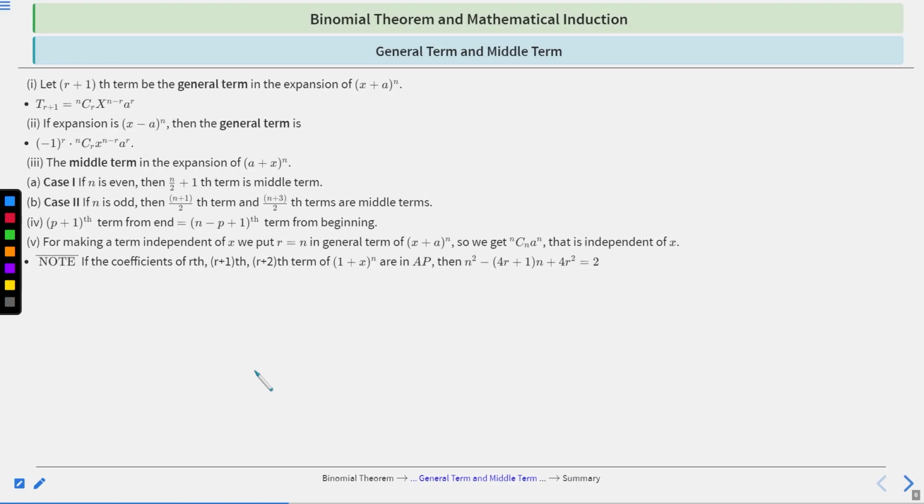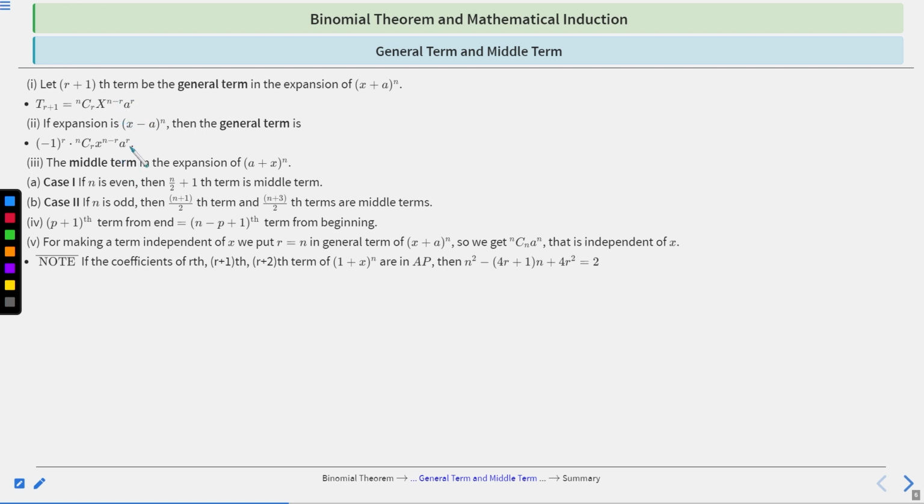Now, general term and middle term. Let the (r + 1)th term be the general term in the expansion of (x + a)^n. Then it can be calculated by T(r+1) = nCr x^(n-r) a^r.